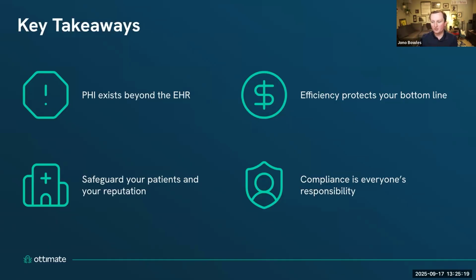Third, safeguarding PHI means safeguarding both your patients and your reputation. A breach doesn't just cost money, it erodes trust and confidence. And finally, as I said, compliance is everybody's responsibility. Something I say internally at Automate at every chance I get: whether you're in a patient-facing role or in the back office, we all play our part in protecting patients' sensitive information.